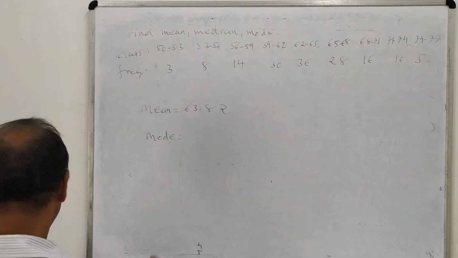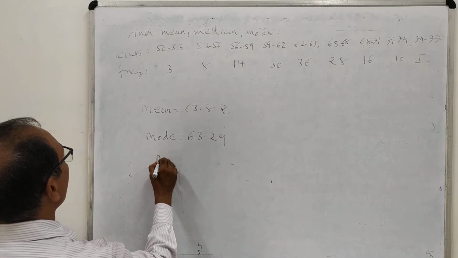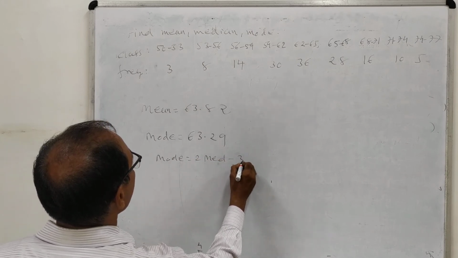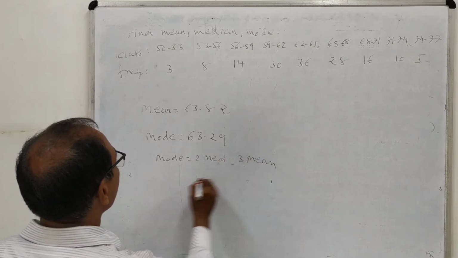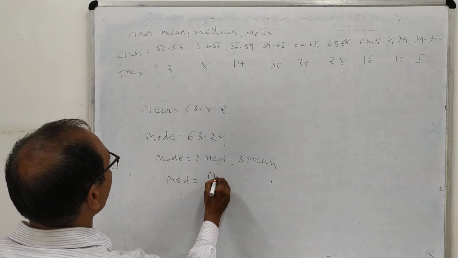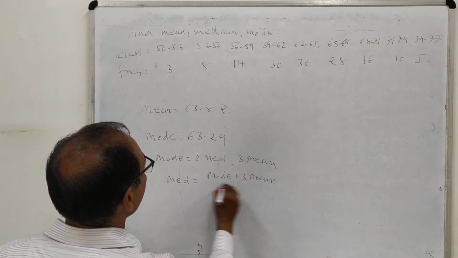So the mode was 63.29. Then using the formula, mode equals 2 median minus 3 mean, I have obtained the median, that means 2 median equals mode plus 3 mean, divided by 2.